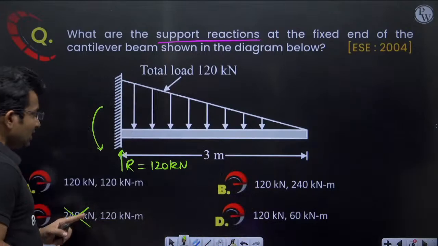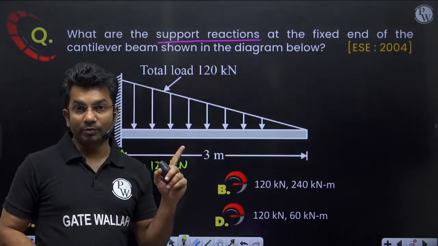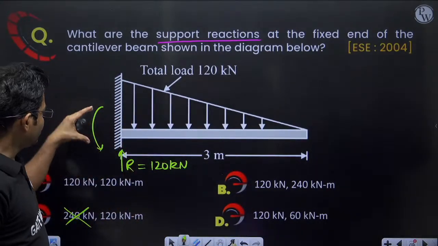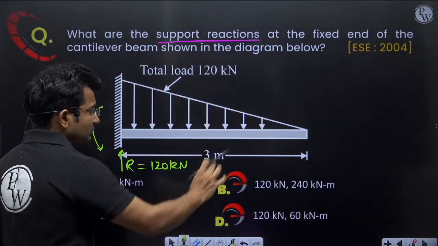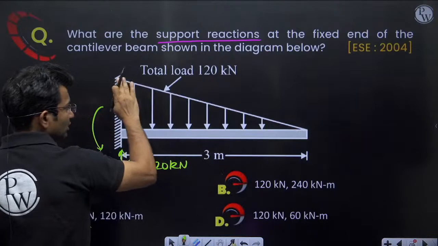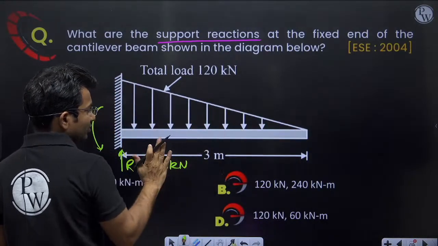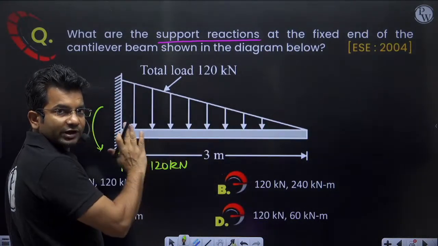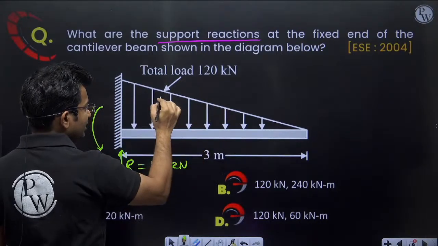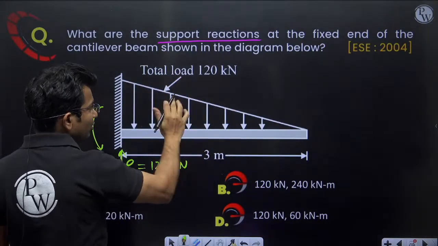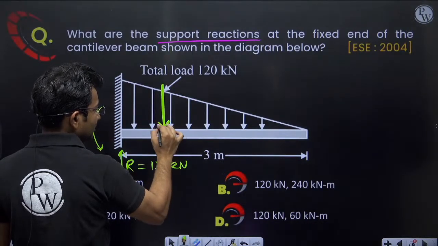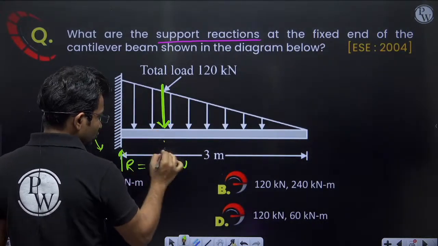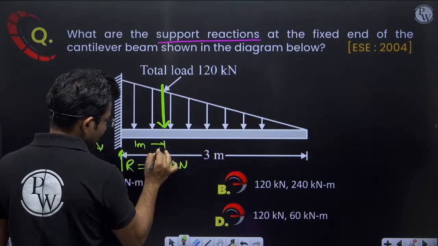Now we have to calculate the moment also. How much moment will be generated here? See, this is the total load, 120 kilonewton. If I want to calculate the moment, I can assume that this entire load is concentrated at one point, at this point. This point is 1 meter distance away.